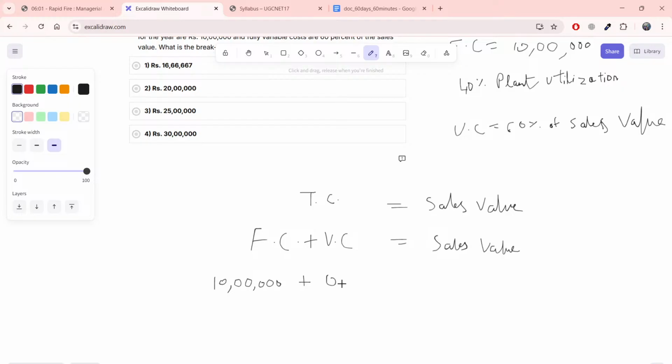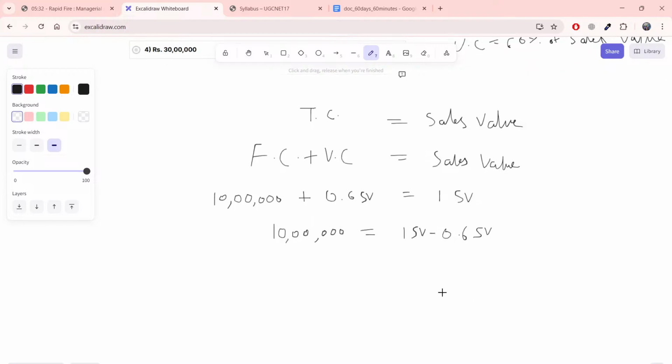So we will write 0.6. सेल्स वैल्यू की समझो ये यूनिट है. 1 सेल्स वैल्यू है, उसमें से 0.6 सेल्स वैल्यू घटाएंगे, which is 0.4 sales value equal to 10 lakh.